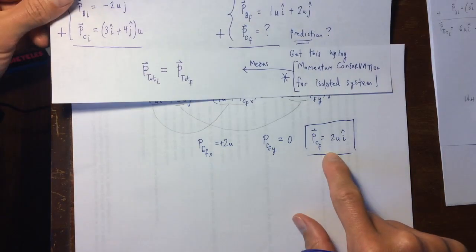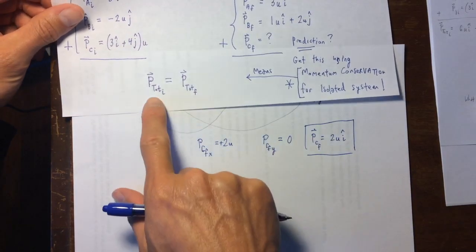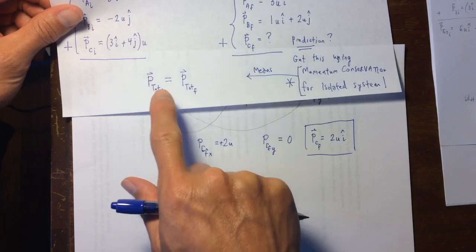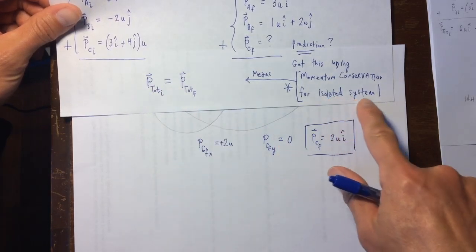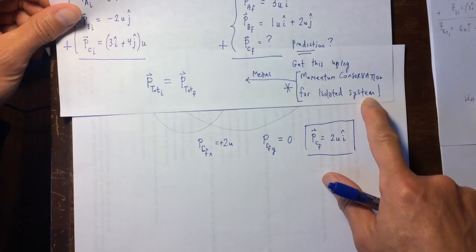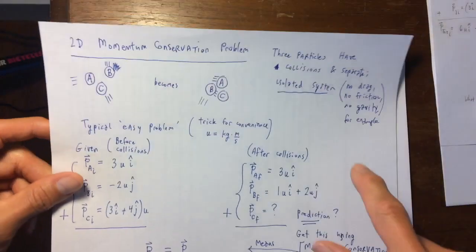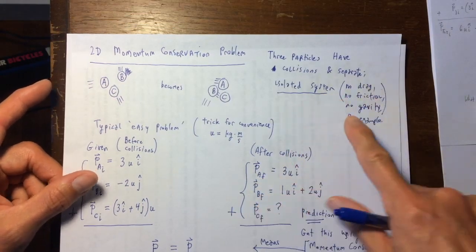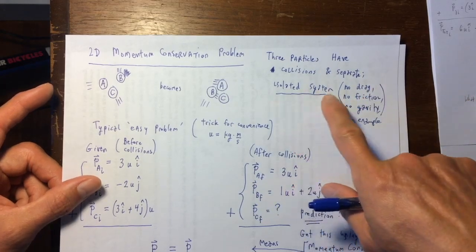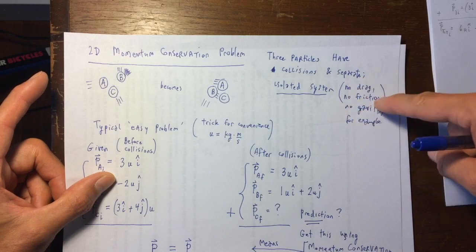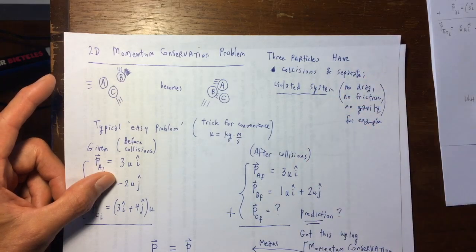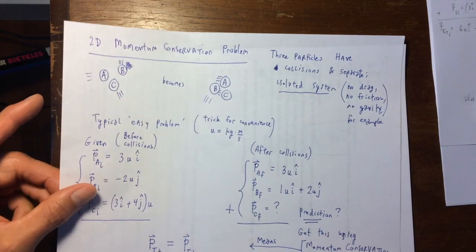Our prediction is based upon this equation right here, and this equation is only valid for an isolated system. And that is what we have because somehow, either somebody tells you that the system is isolated, or you have to make a physics decision and decide that that system is isolated.